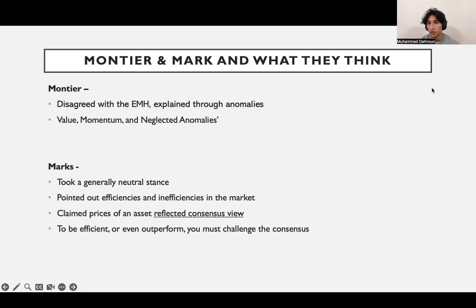And then there was a very small group of investors, for example Michael Burry, who took a short position, or he bought credit default swaps on the market and on those CDOs, which means he bet against the market. And he was right. So he challenged the consensus and he outperformed the market in a time that most people, 95% of people, lost money. So that's essentially what Marks is saying here. And that's about it. Thank you.